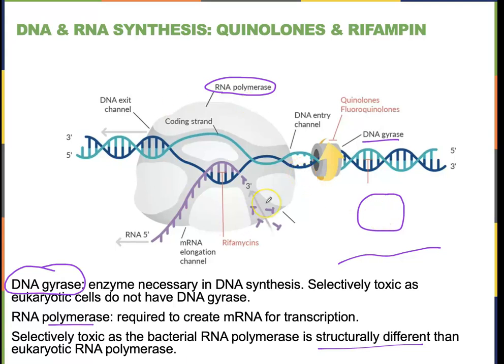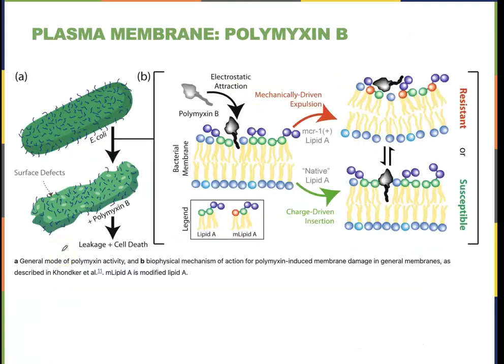So there's certain target sites on this enzyme that can block transcription, right? So transcription, remember, is the process that creates the messenger RNA. And these are our drugs here. Okay, so just real quick, we're stopping gyrase, and we're stopping polymerase from working.